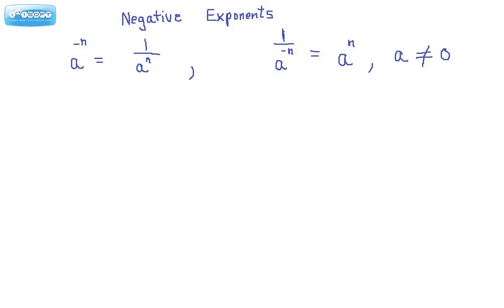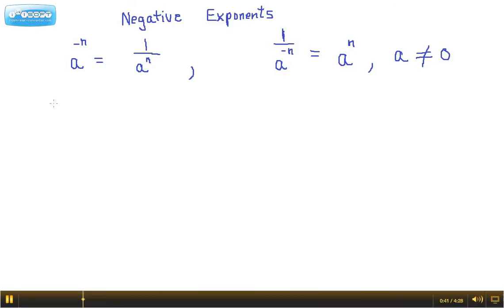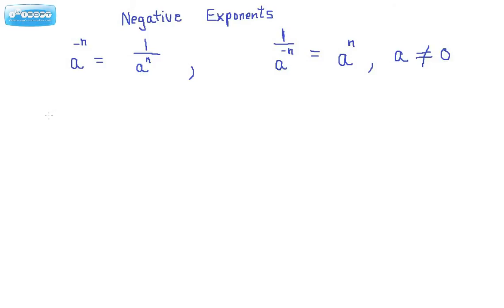What this means is that whenever you have a negative exponent, in order to make the exponent positive, you write the reciprocal. And here I have a to the negative n, so I'm going to use a number.